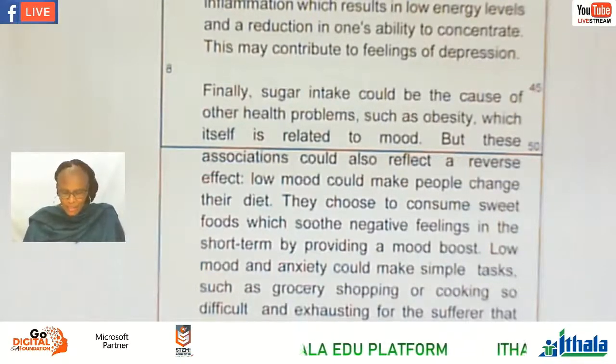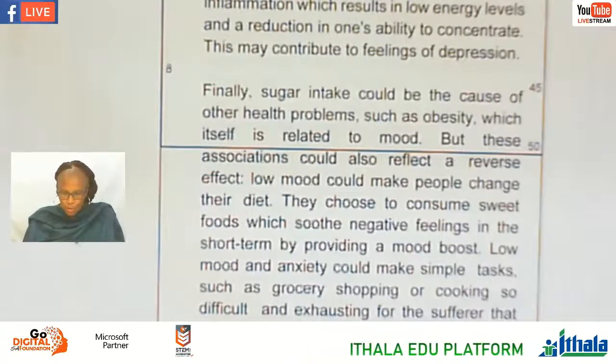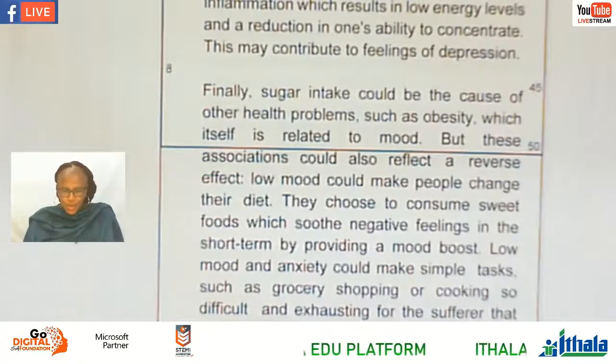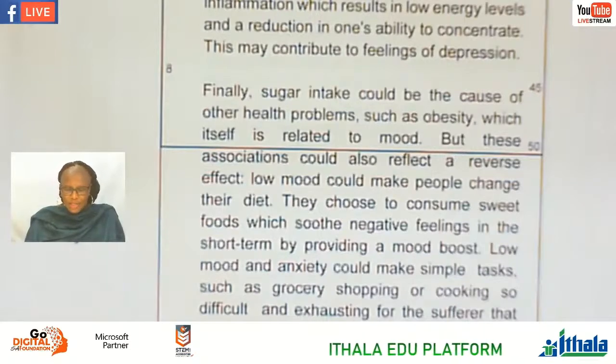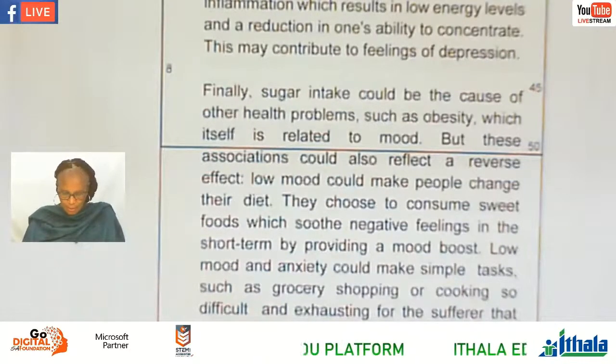But these associations could also reflect a reverse effect. Low mood could make people change their diets. They choose to consume sweet foods, which soothe negative feelings in the short term by providing a mood boost.